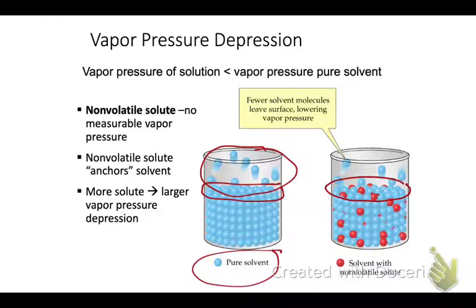So fewer of them will escape, and therefore the vapor pressure will be lower. The more solute you have, the fewer water molecules on the surface can escape, and the vapor pressure gets lower and lower. So more solute, more depression in the vapor pressure.